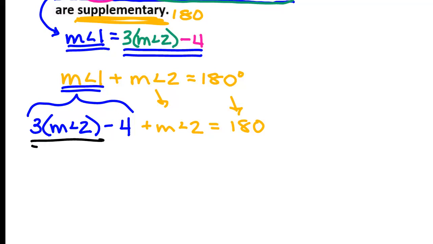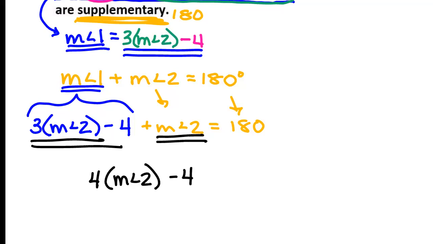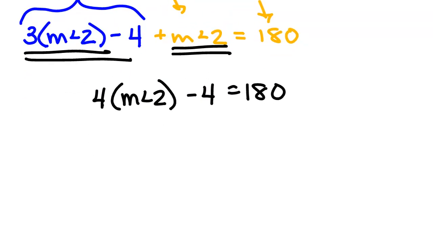So I'm going to combine these 2 like terms together. I have 4 times the measure of angle 2 minus 4 equals 180. What would I need to do next to this if I'm solving it for the measure of angle 2?